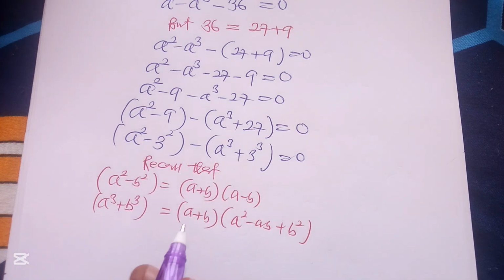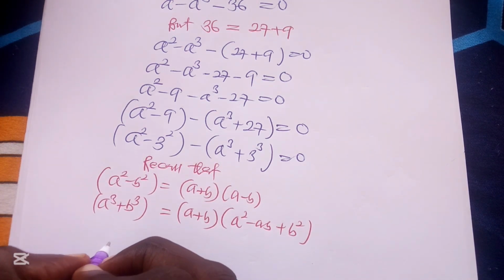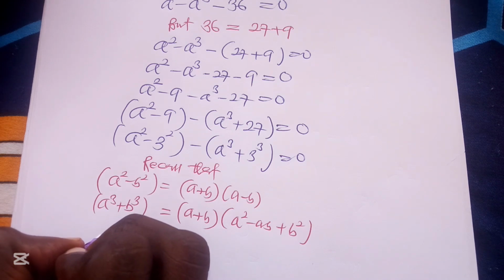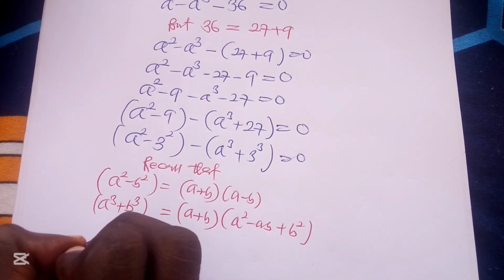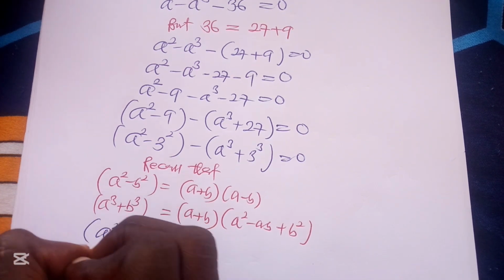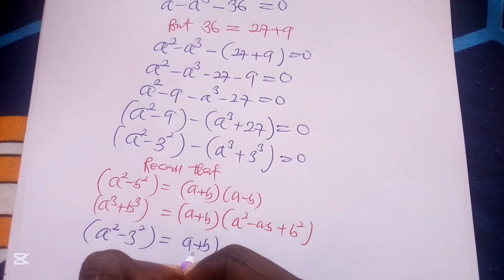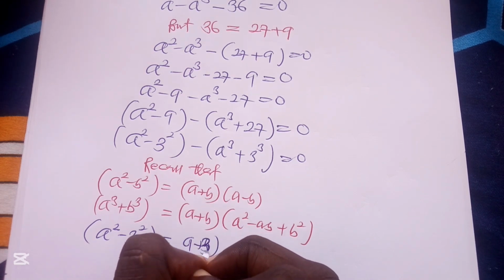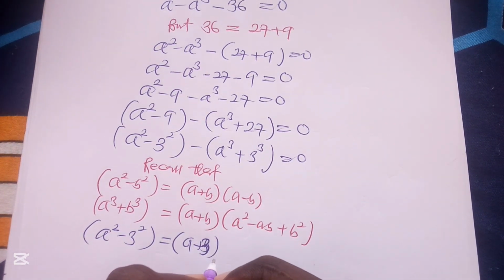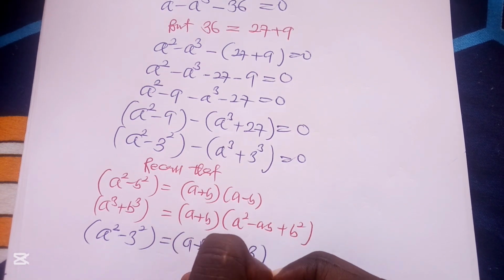Then if we do, this becomes a raised to the power 2 minus 3 square. This becomes a plus b, a plus 3, into a minus 3.